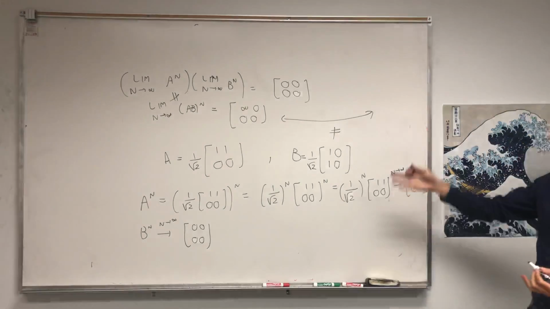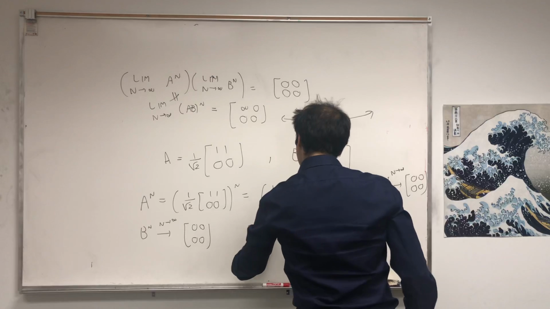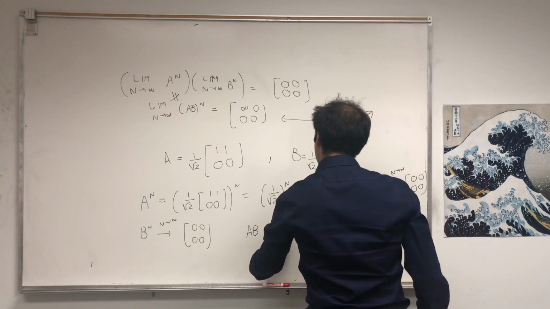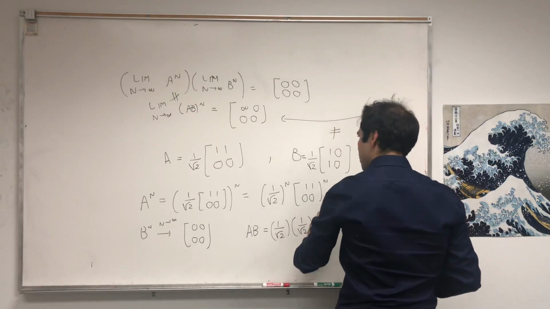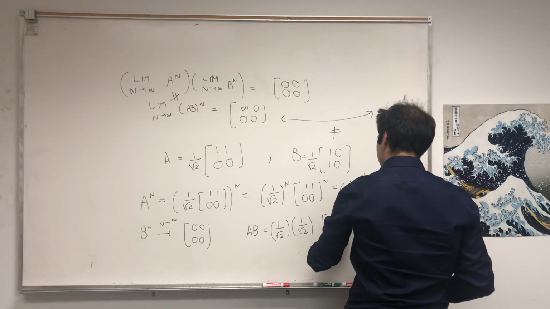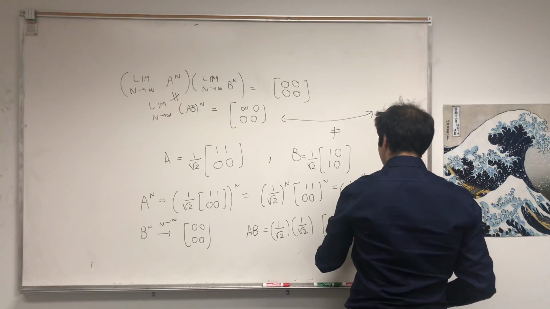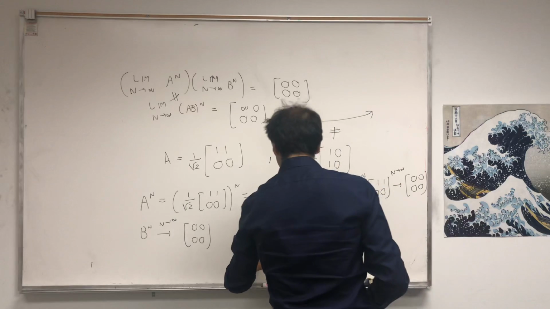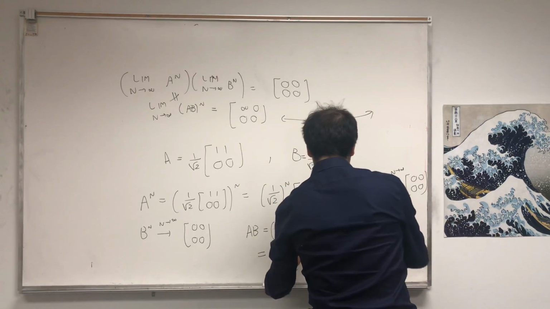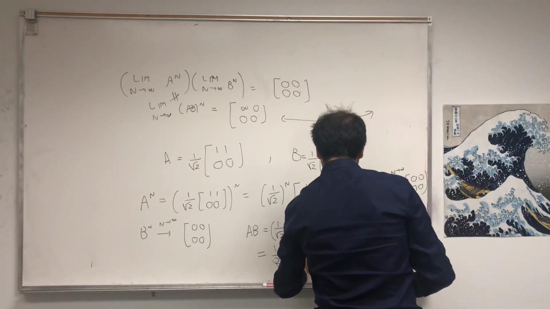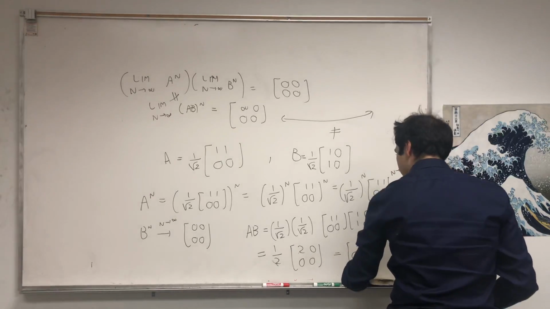On the other hand, let's calculate AB. AB is 1 over square root of 2 times 1 over square root of 2 times 1, 1, 0, 0 times 1, 0, 1, 0. That's 1/2 times 2, 0, 0, 0, which becomes 1, 0, 0, 0.